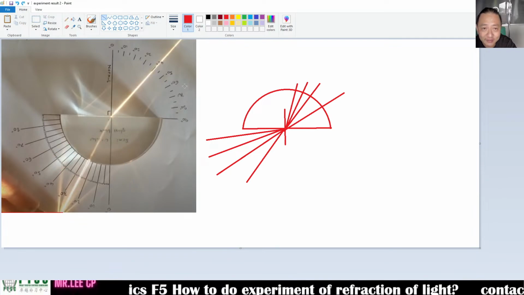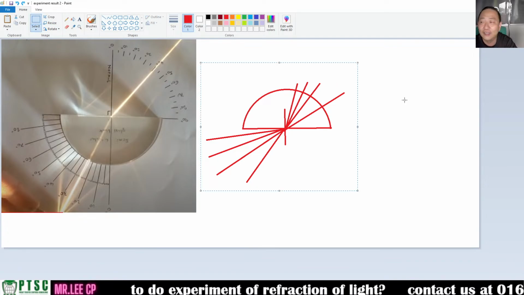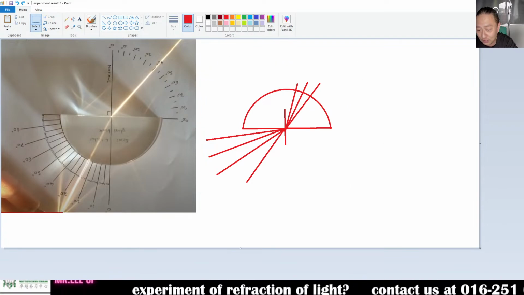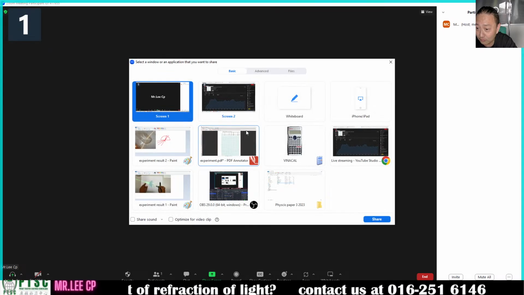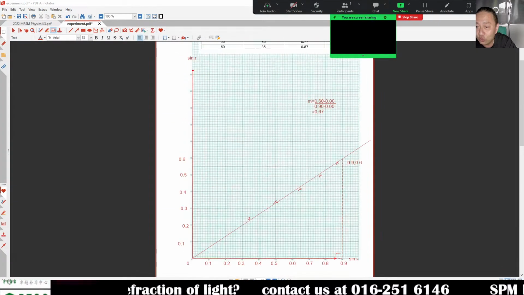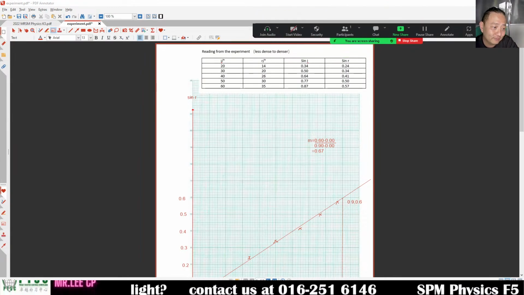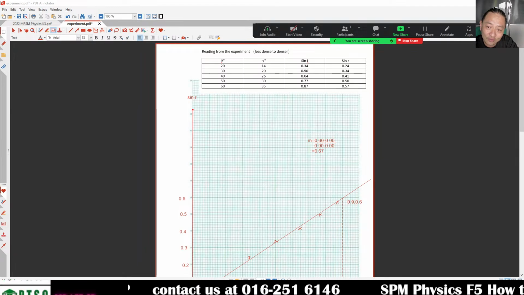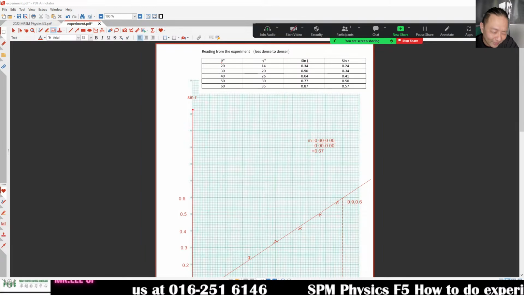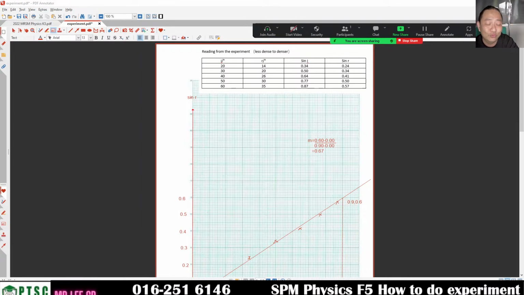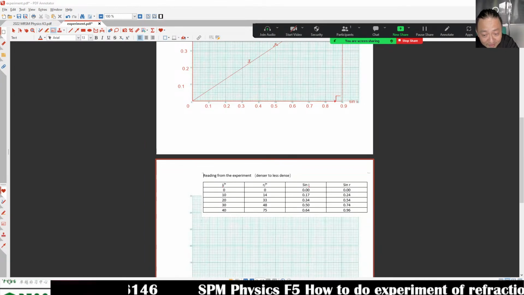This one will never happen, whatever angle you like, you want to do 10, 20, 30, 40, 50, 60, 70, 80, up to you. You want 85 also can, up to you. This one cannot, this one is difficult. More than this, then you cannot plot the value.